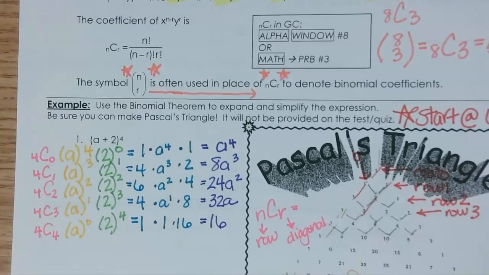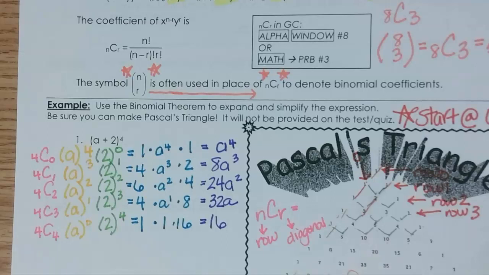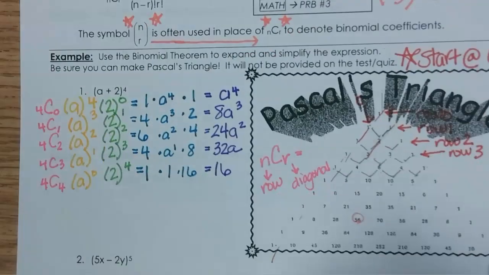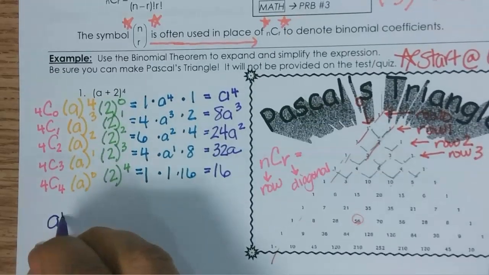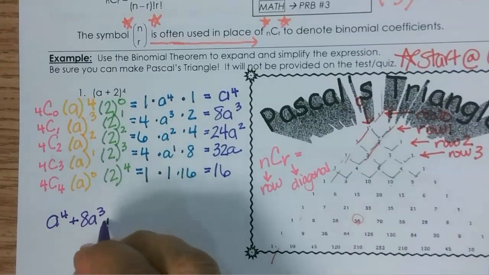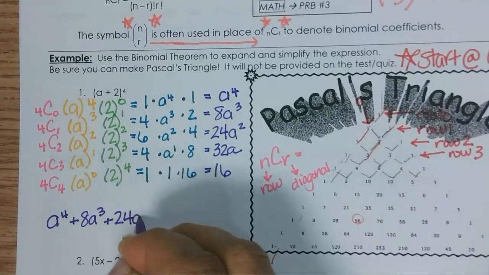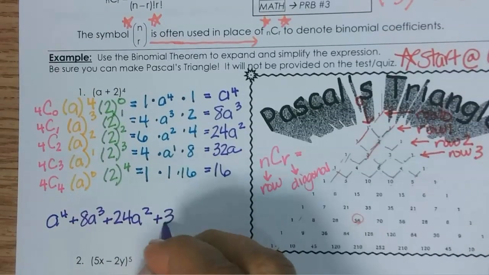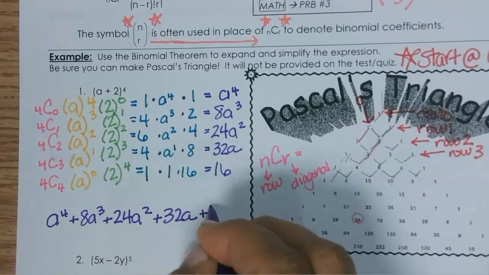And so now what we've done is, using the binomial theorem, we have found all of the different terms that would exist when we take a plus 2 to the 4th power. So that would give me a to the 4th plus 8a cubed plus 24a squared plus 32a plus 16.